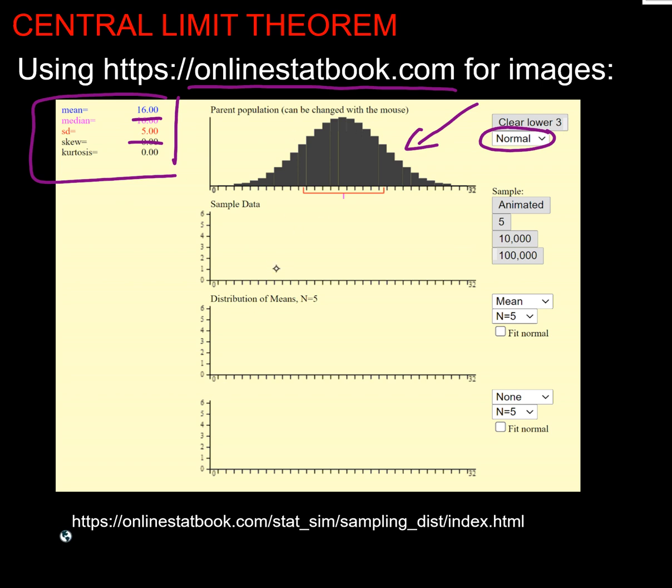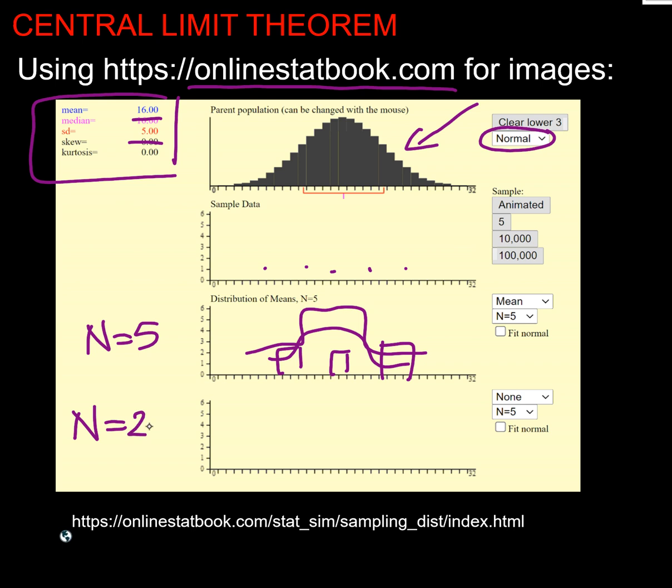So maybe I'm taking a sample of 5: 1, 2, 3, 4, 5. There we go, 5 points, and it will find the mean for us, put it there, and start to create a distribution for that. So I'd have loads of means, and I see where they all land over time, and it starts to distribute them. A bit later on, I'm going to do n equals 25 as well, and we'll see what that distribution looks like.